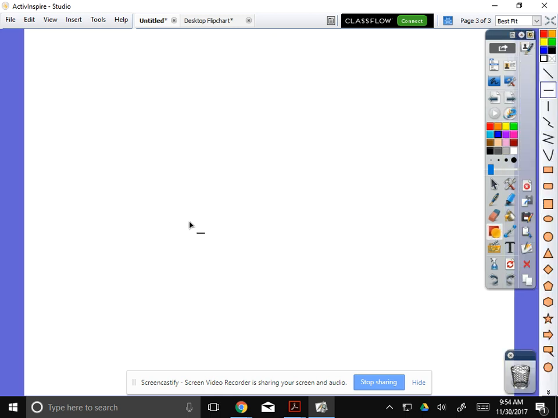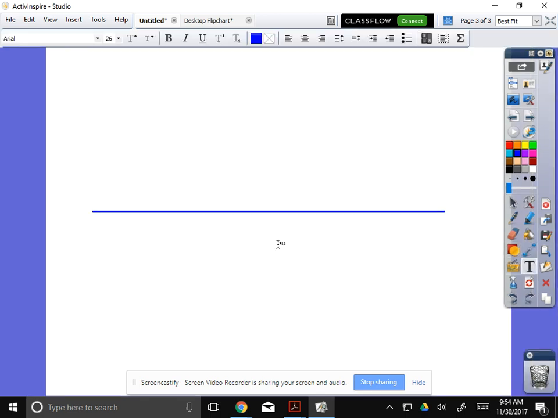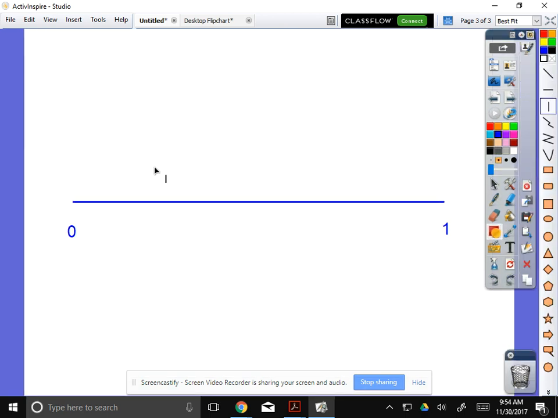I'll create another quick line. Again, I'm going to have 0 over here and 1 over here, and my little divider lines. Now I know that these aren't perfect, but let's take a look at this.